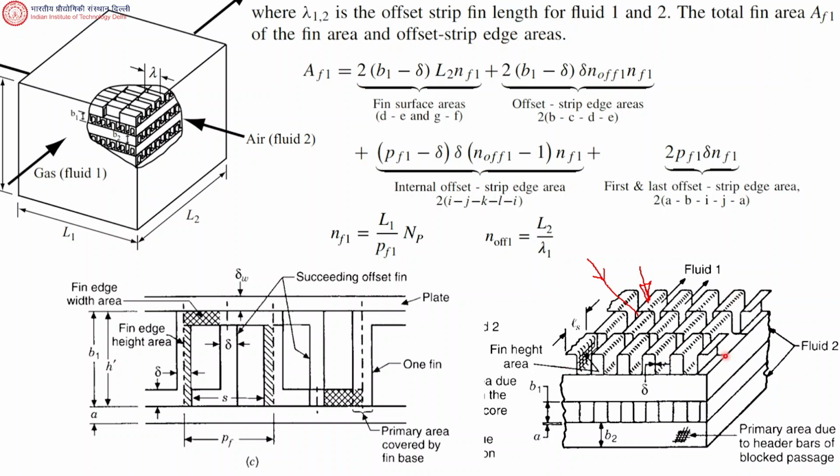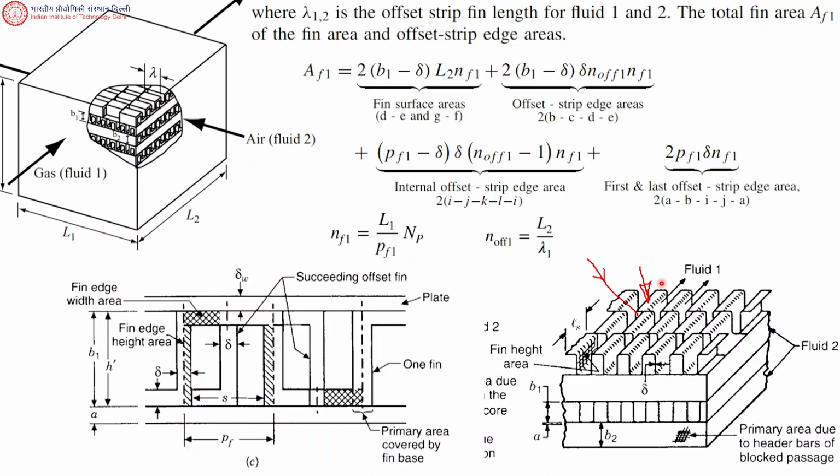This first row and the last row have the frontal part free. They can see the flow. The first row is not blocked by another fin here. The last row is not partially blocked by another row behind it, isn't it?